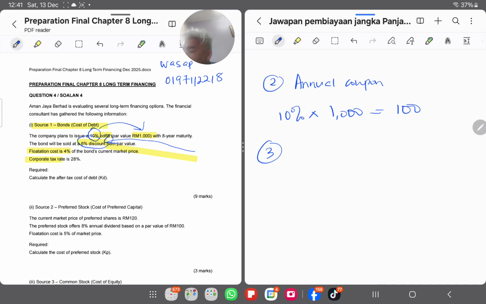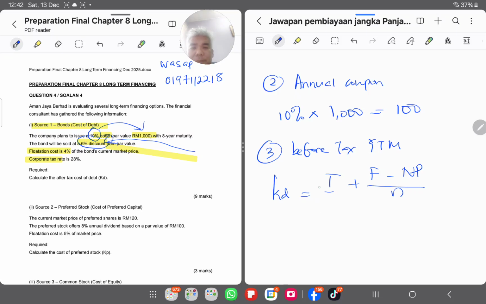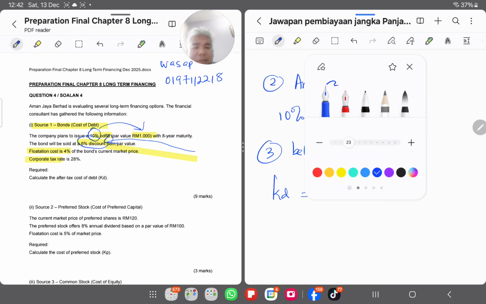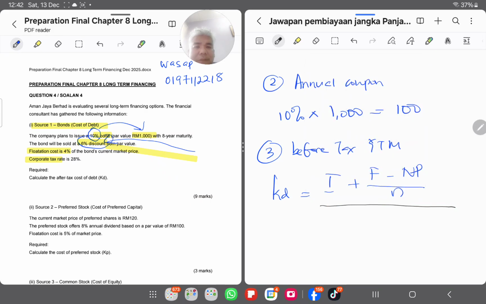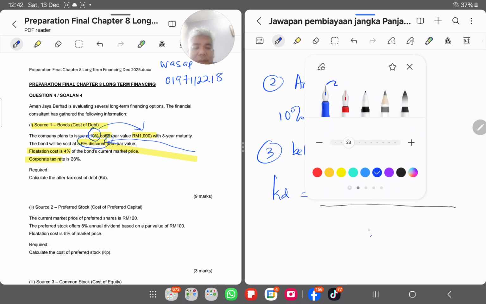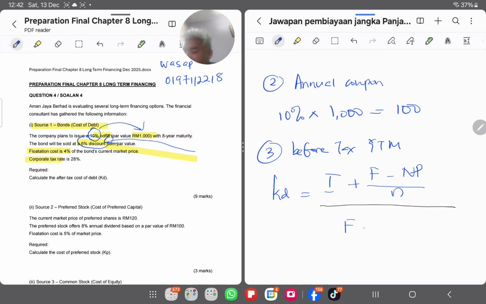Step 3 is very difficult: approximate before-tax YTM, yield to maturity. The KD formula is given to you: I plus (F minus NP) divided by N, all divided by (F plus NP) divided by 2.